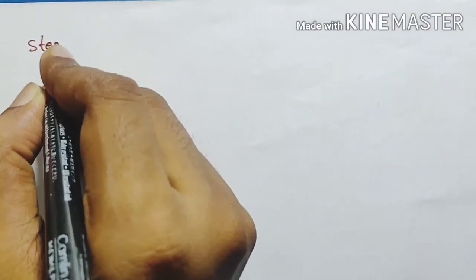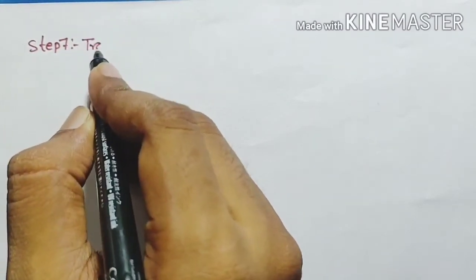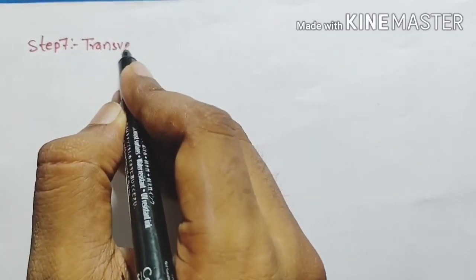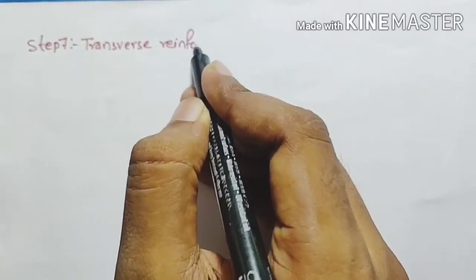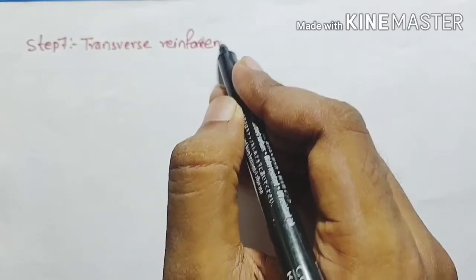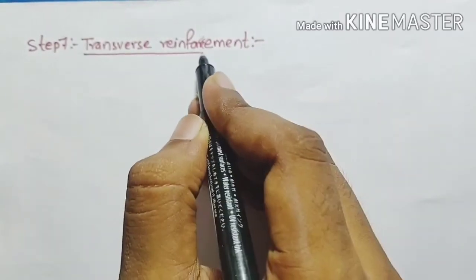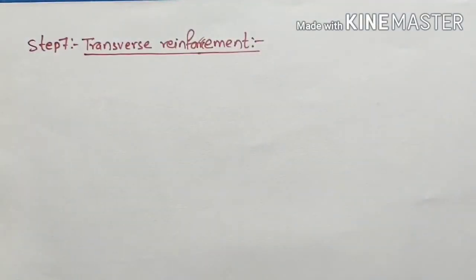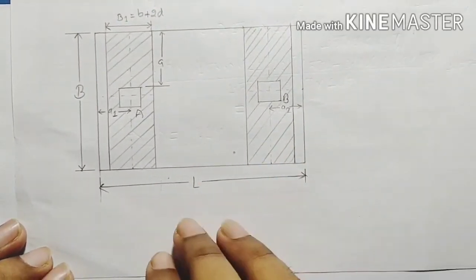Now here comes step 7, and in step 7 we will be designing the transverse reinforcement. So we will be needing a new diagram for finding the transverse reinforcement, and this is here.